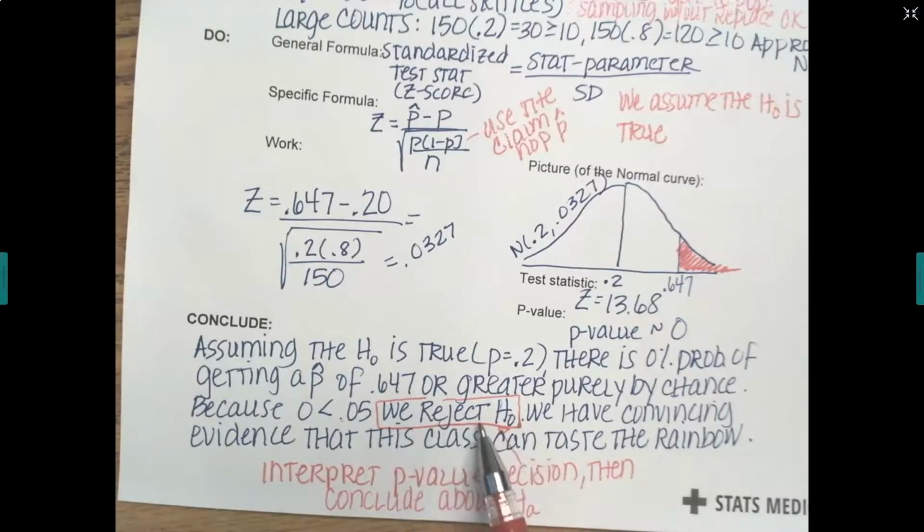If you reject, that means you have convincing evidence for the alternative. If you fail to reject, that means you do not have convincing evidence for the alternative. So it's one or the other. You're okay with the null or you're not, but we got to address all of these things in here. So let's flip this over and summarize this for you.